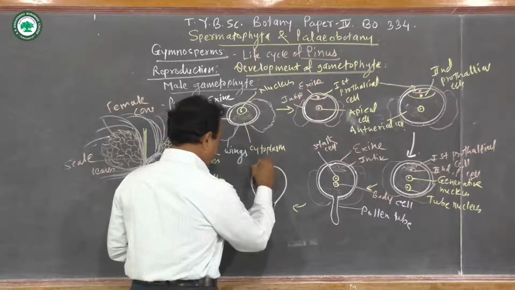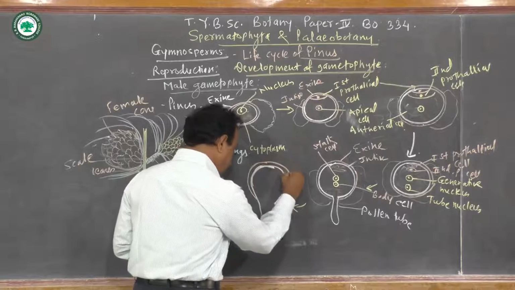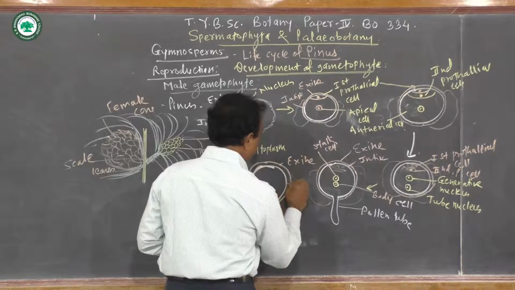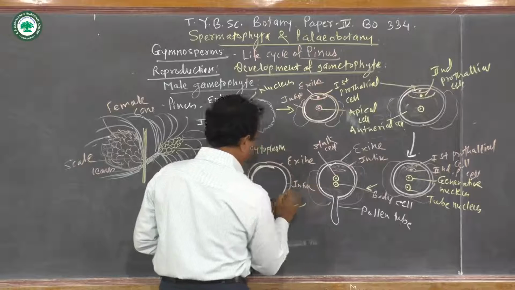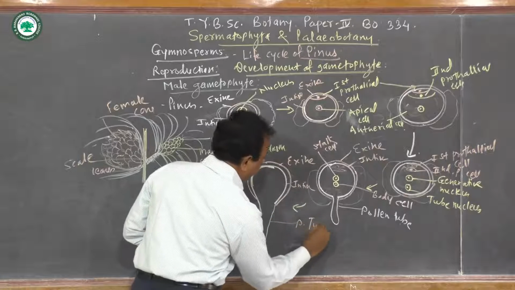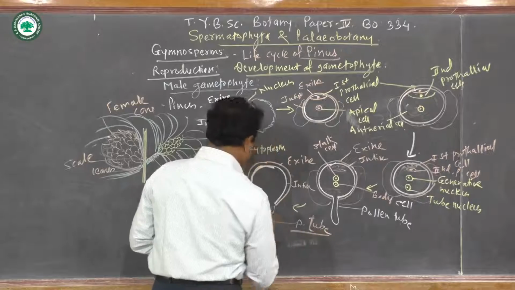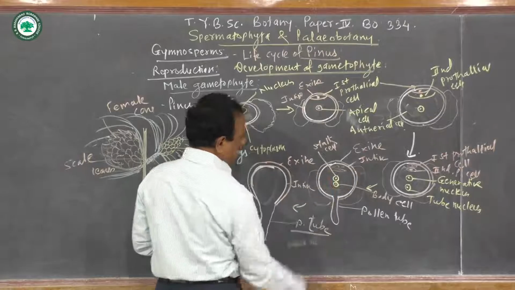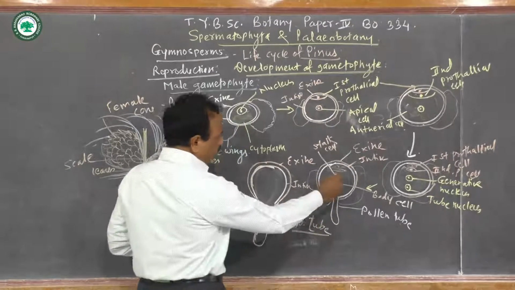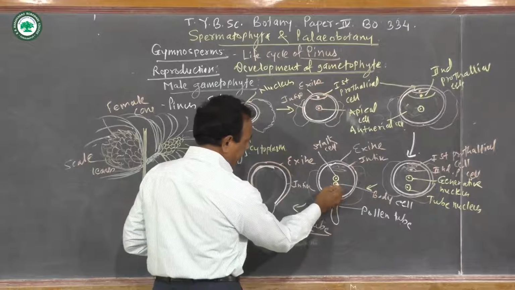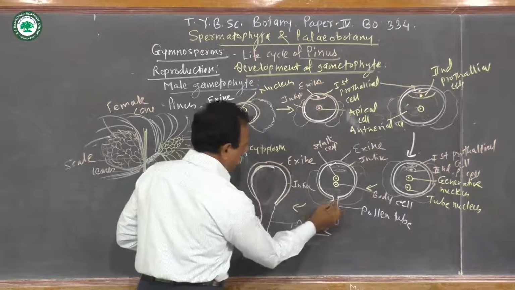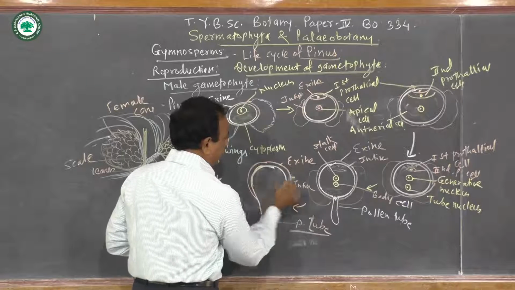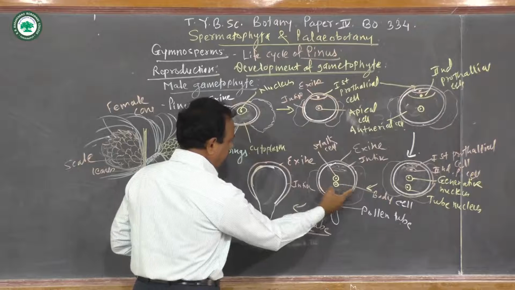After breaking the wall, the exine breaks, and the intine forms the pollen tube. Pollen tube is formed, which consists of the stalk cell, and later on the body cell divides. Here the tube cell is present. So here this stalk cell, then this body cell.